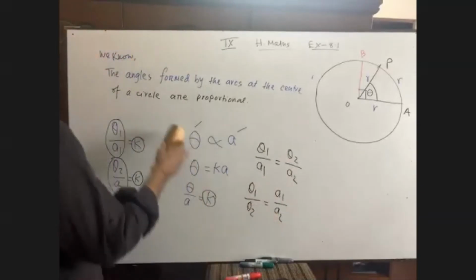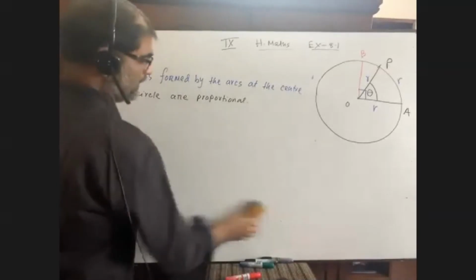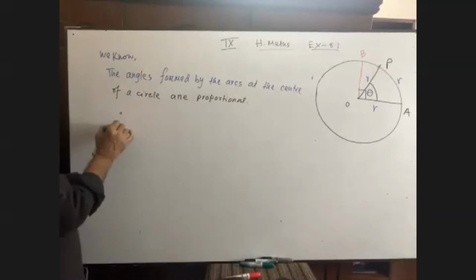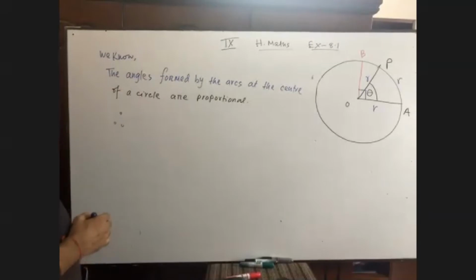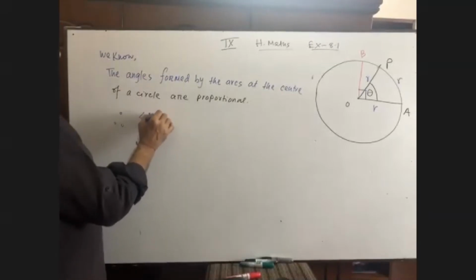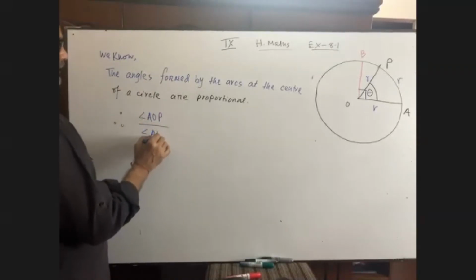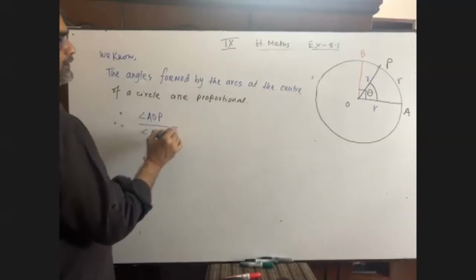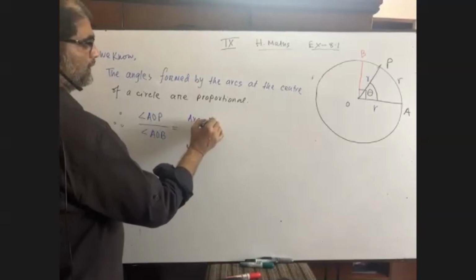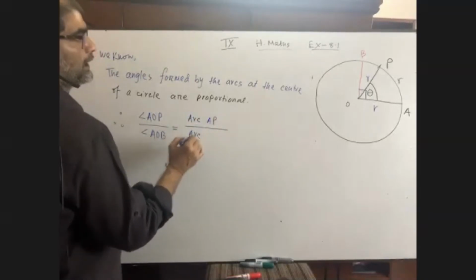Therefore, we have to find angle AOP. Write down angle AOP by angle AOB is equal to arc AP by arc AB.